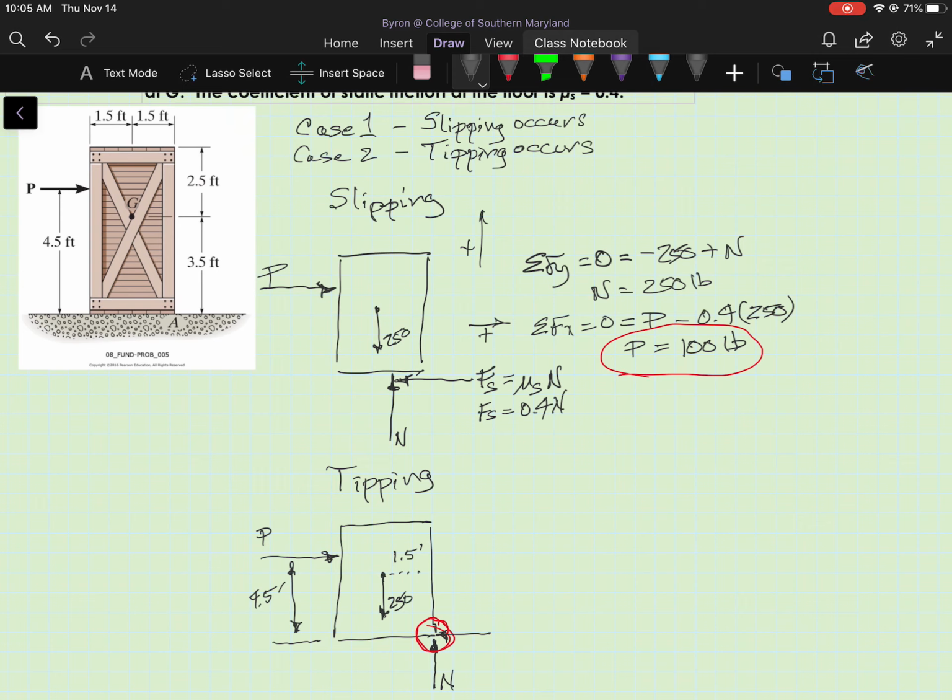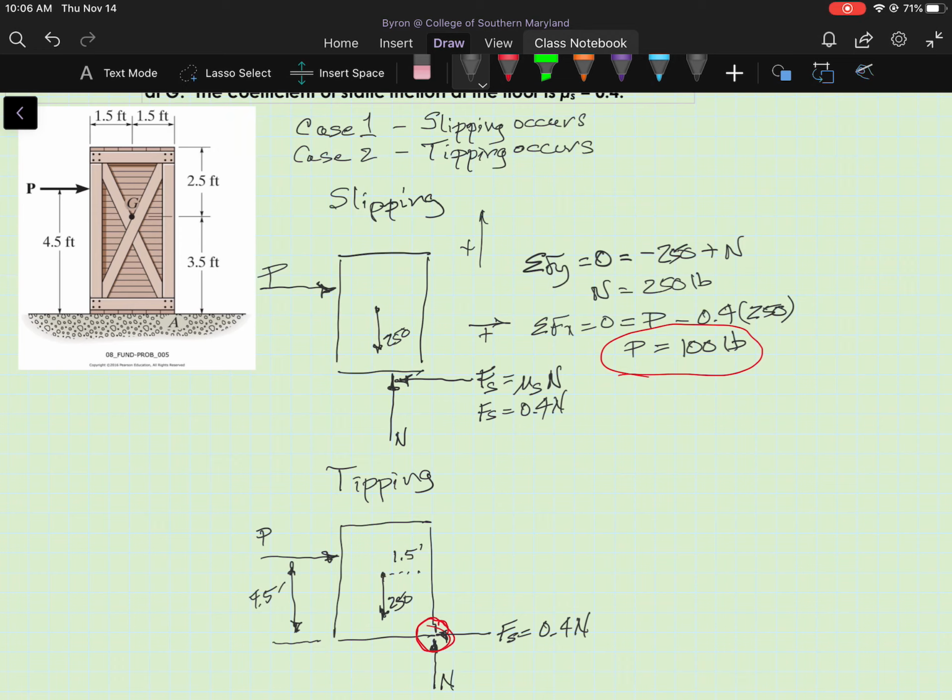And that frictional force is the same as it was in the slipping case. It's going to be F sub s equals 0.4 times the normal force. And we'll see that the magnitude of the normal force isn't going to change. It's still going to be the weight, but we will go through that again and show that.